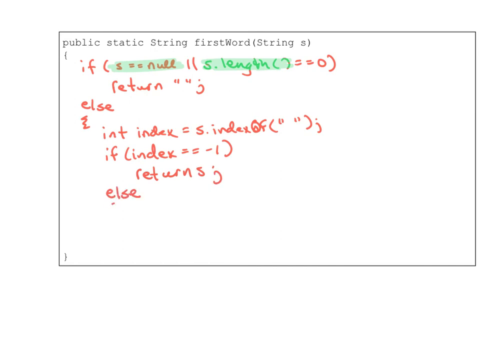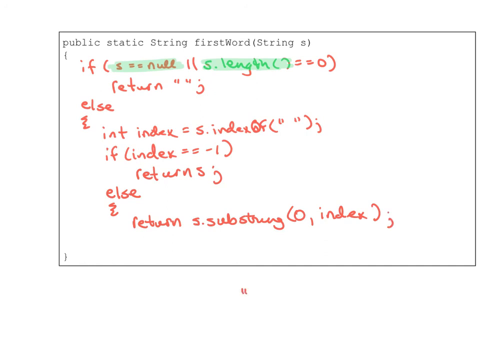Otherwise, we are going to take that index and return a substring, s.substring from 0 to that index. Now, the end index is exclusive, which is good.